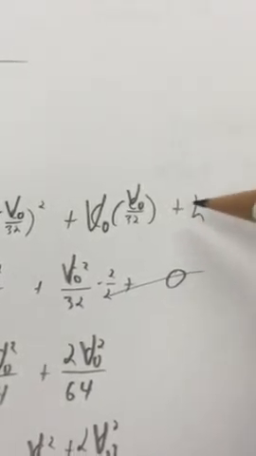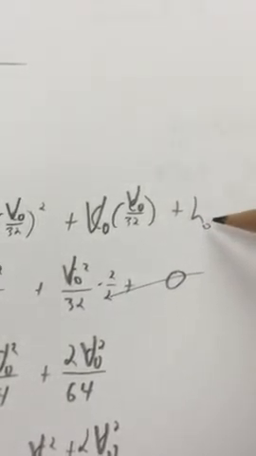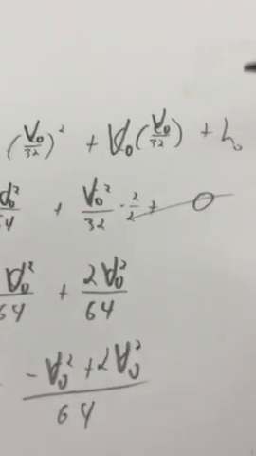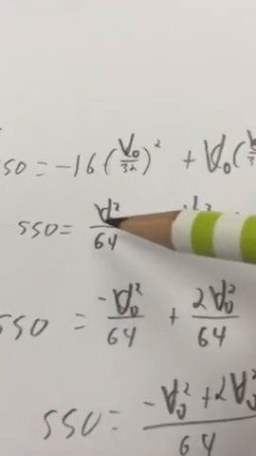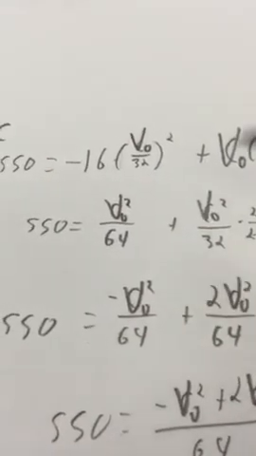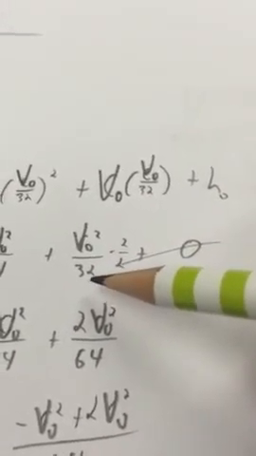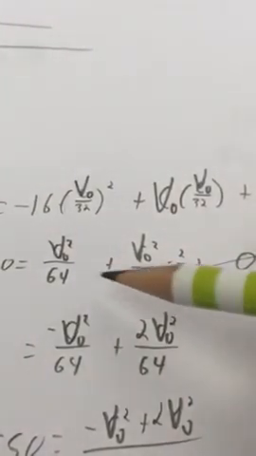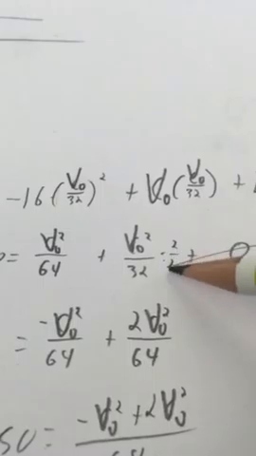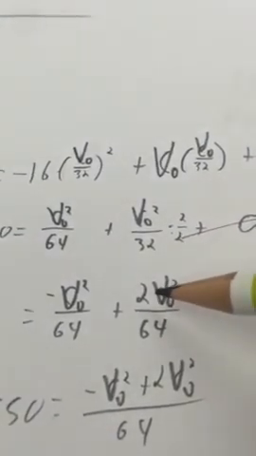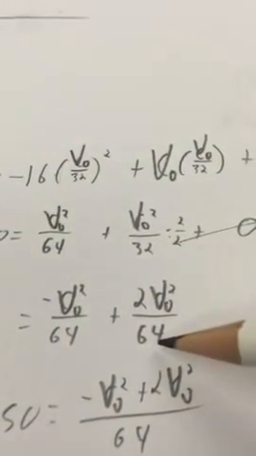Since h sub 0 is worth 0 anyways, we're just going to forget it. Because now we have 550 is v sub 0 squared over 64 plus v sub 0 squared over 32. 32 and 64 are half of each other, so multiply this side by 2 over 2, and you get 2 v sub 0 squared over 64.